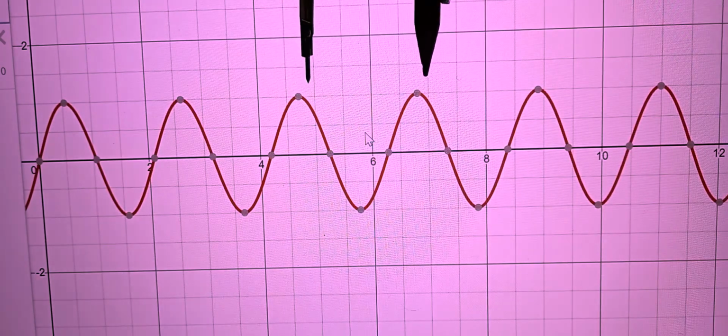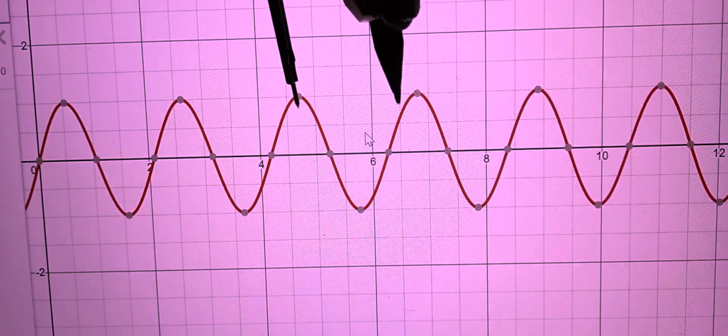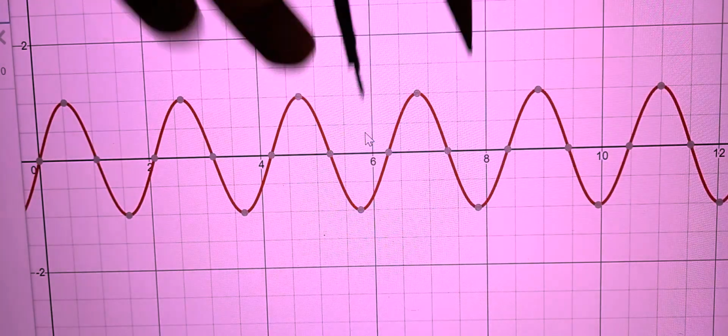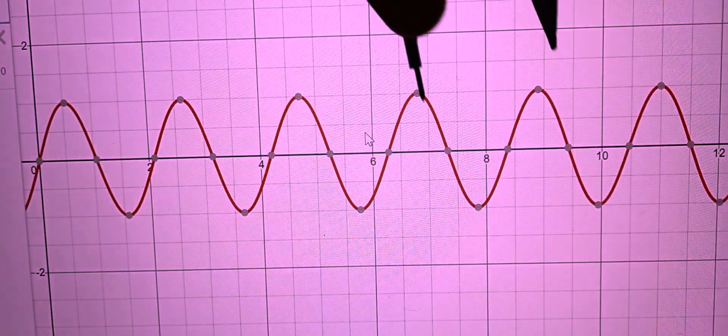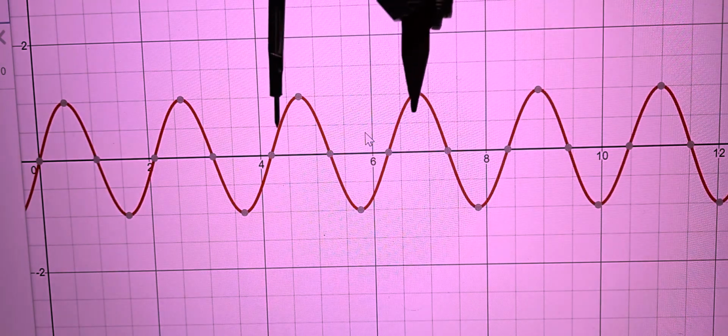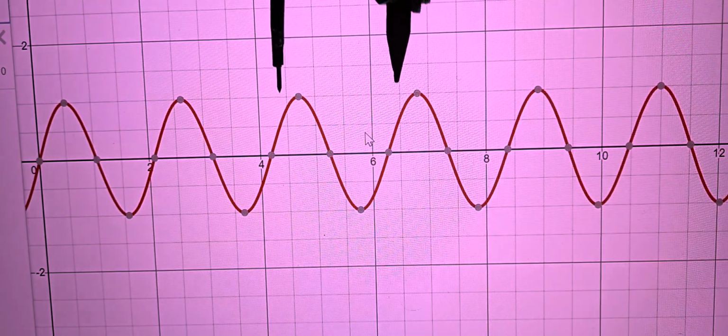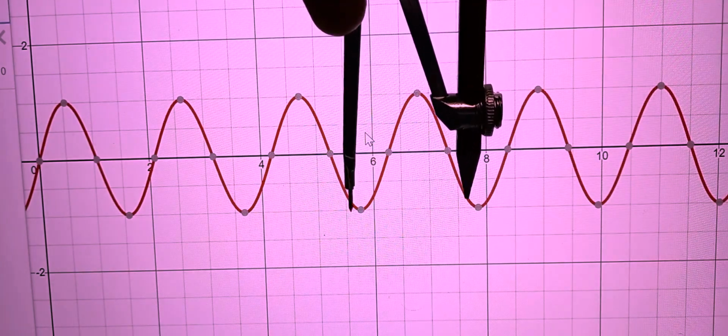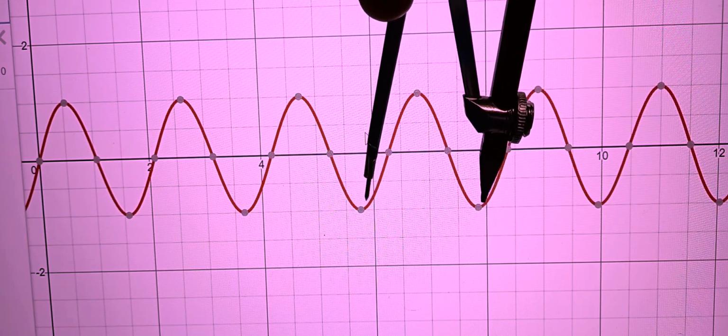That is the first crest, and that's the second crest, and this is the distance between those two crests. And if I measure the distance between two troughs, well, that is the distance between two troughs.